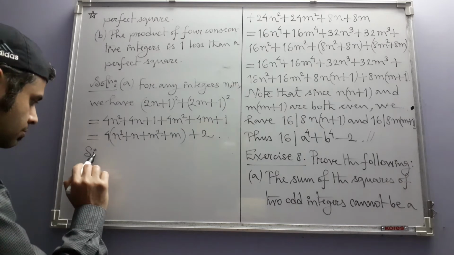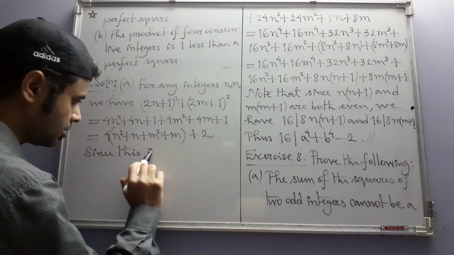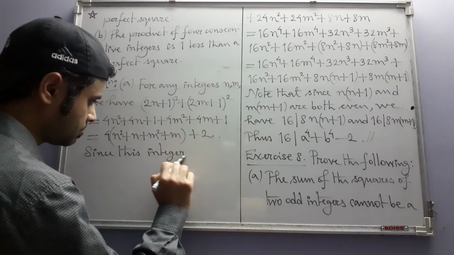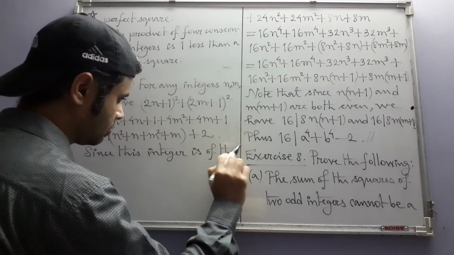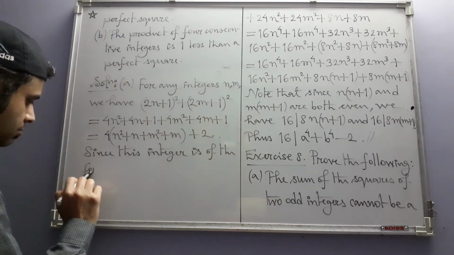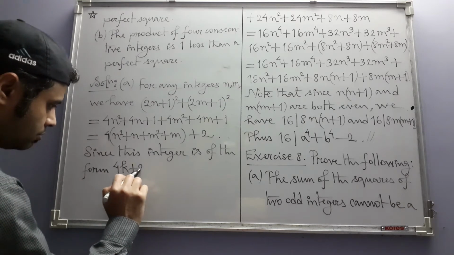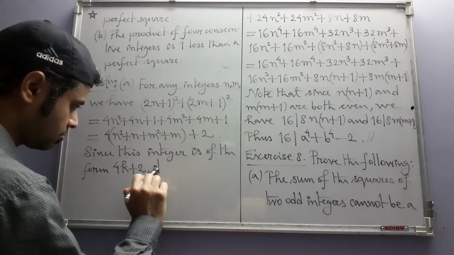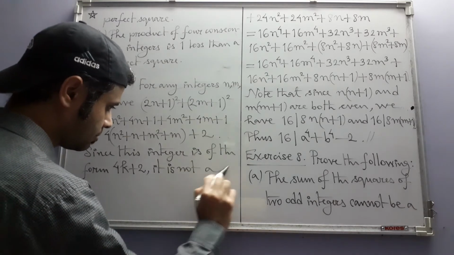Since this integer is of the form 4k plus 2 it is not a perfect square.